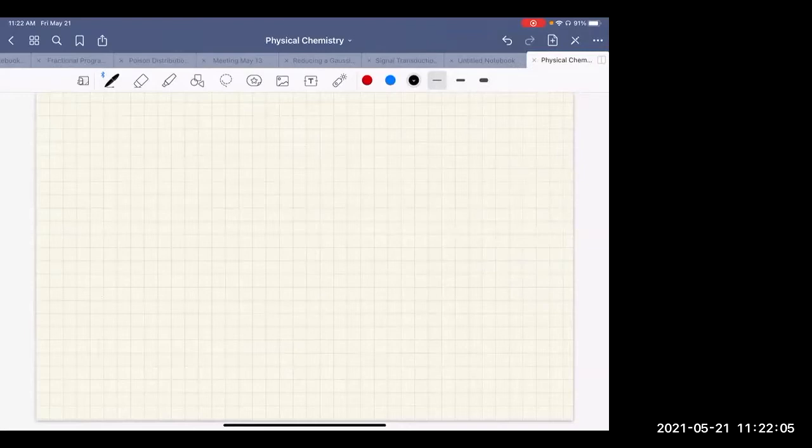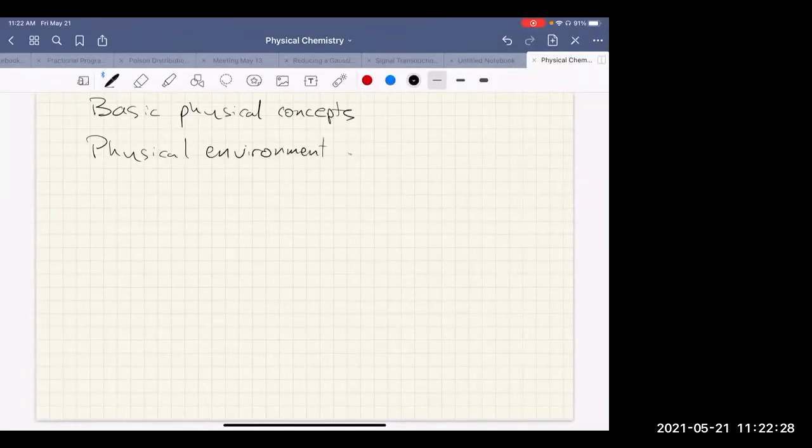So starting with basic physical concepts. What is the physical environment for molecular communication?